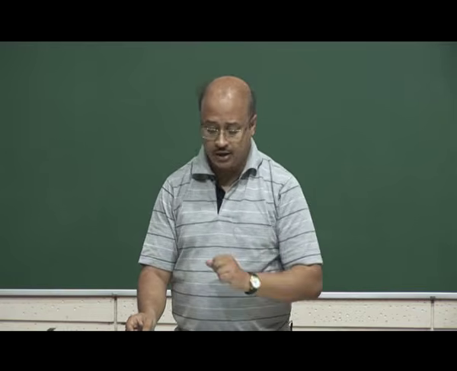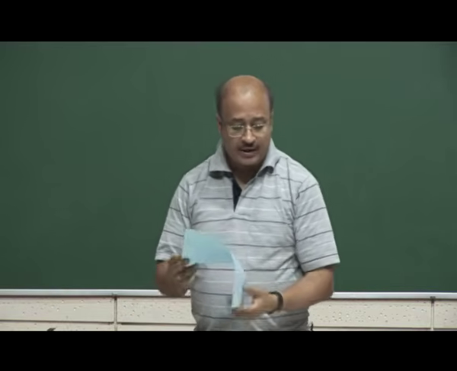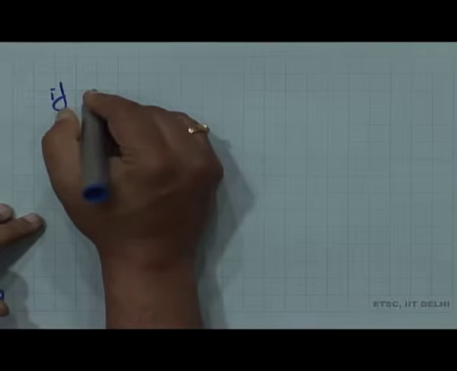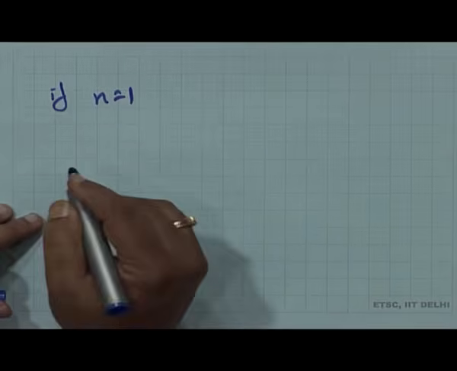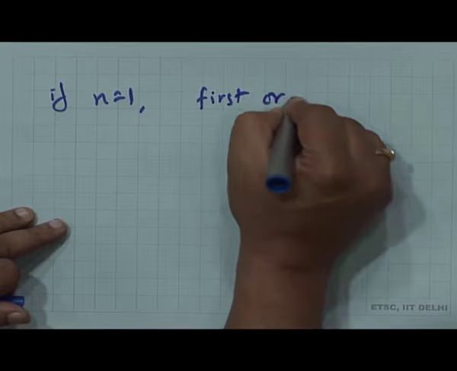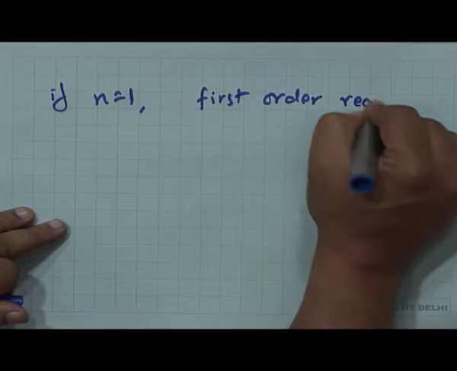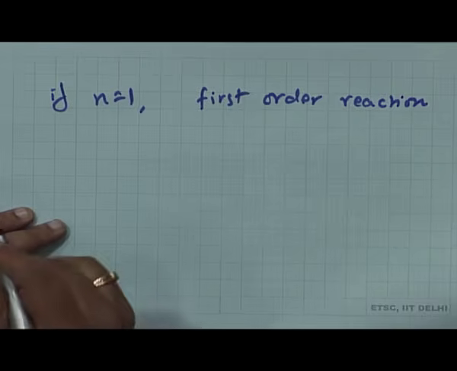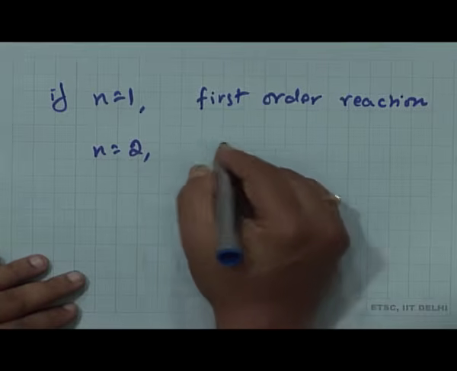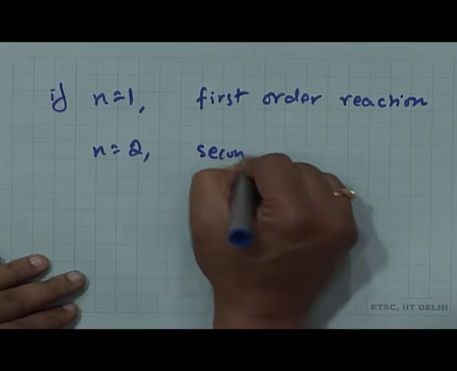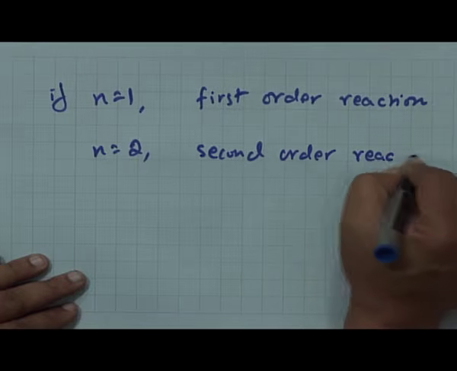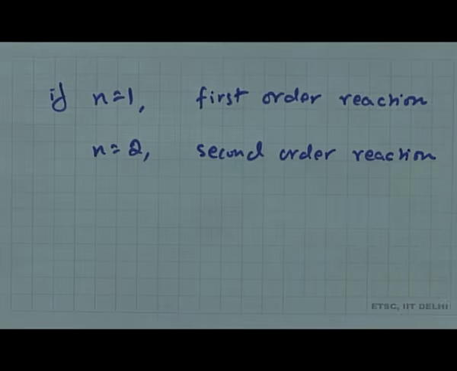So, what does this equation 2 tell us? What it tells us is this, that if n is equal to 1, then it is a first order reaction. Okay. If n is equal to 2, right, then we call it a second order reaction.